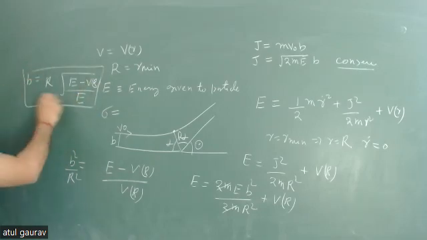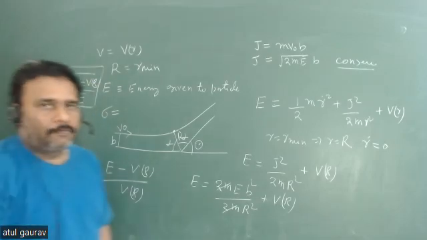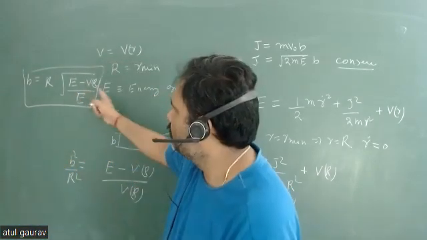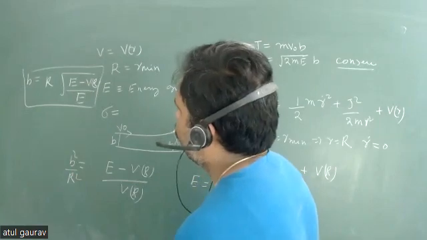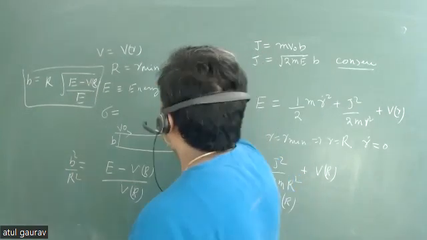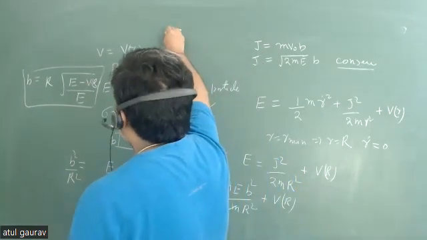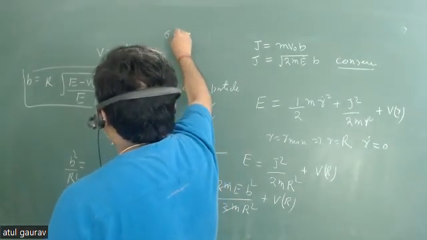Now here you can see this B is not a function of theta. This B is not a function of theta. So what will be your total scattering cross section? Sigma is equal to pi B square, है ना?